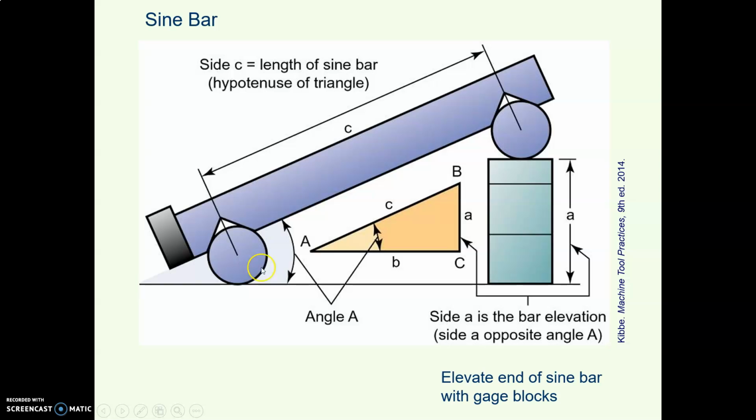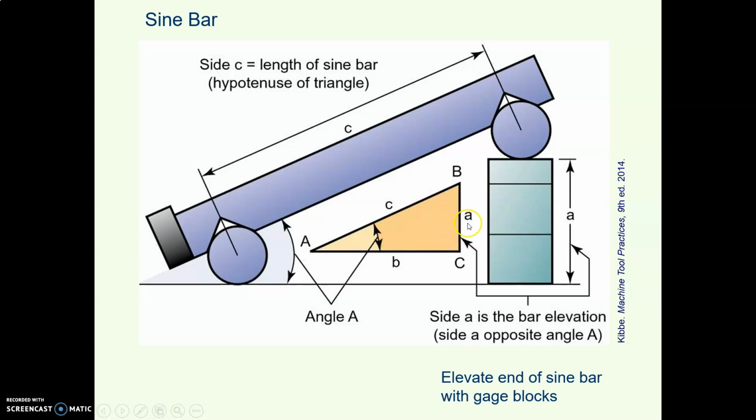Okay, so if you have ever studied trigonometry, and maybe you haven't, that's okay. If you have, you will remember that the equation for sine is opposite over hypotenuse. If you're trying to find the opposite and you know the hypotenuse, you can use that formula.